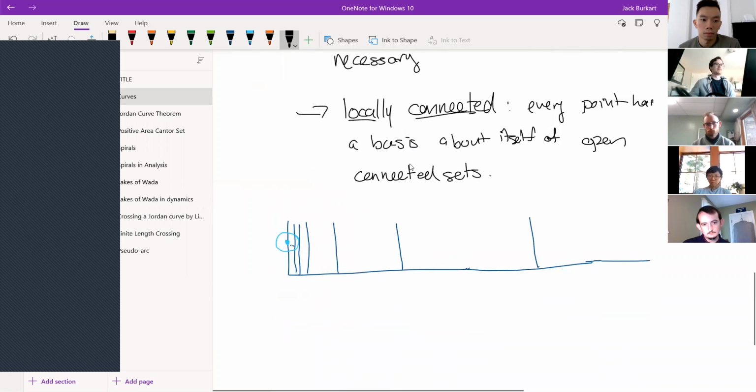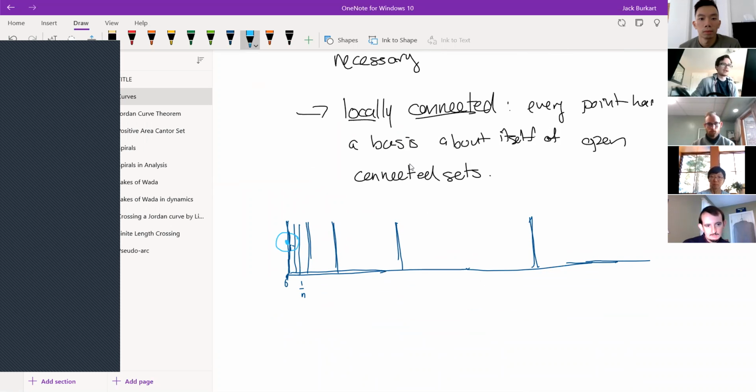The example I always keep in mind of something that's not locally connected is the topologist's comb right here. You draw an interval, and then you draw teeth of a comb that are going to slowly start to accumulate, say at pace 1/n, on the vertical piece that's going vertical at the point (0,0). And you'll be able to see that if you choose any point on this little segment that I've attached to my comb, all of the vertical segments to the right are accumulated on it.